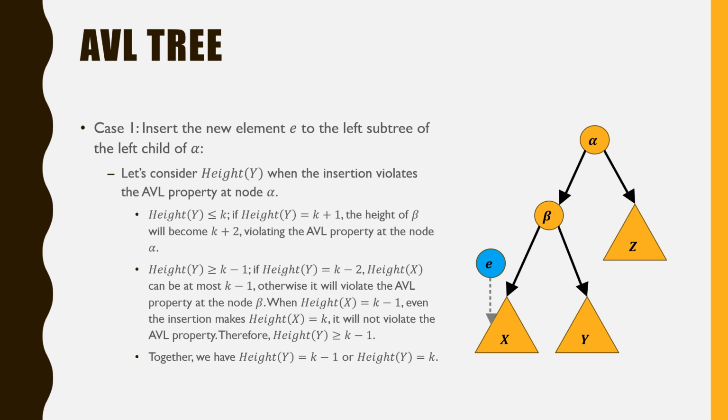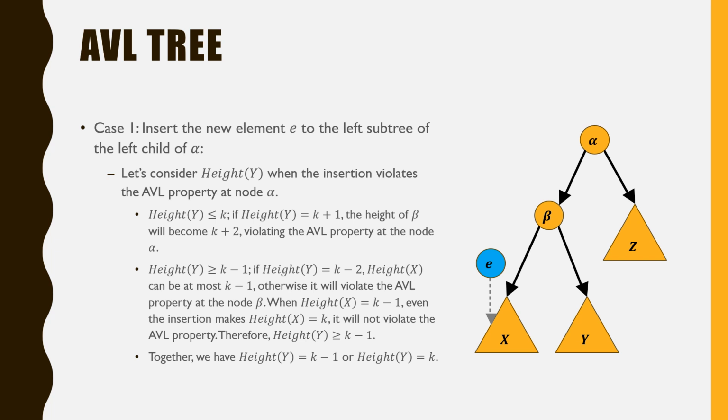Second, if the height of y is k minus 2, then the height of x must be at most k minus 1. This is because x and y are the left and right subtrees of beta, and their heights cannot differ by more than 1. In this case, inserting e into x could increase its height to at most k.